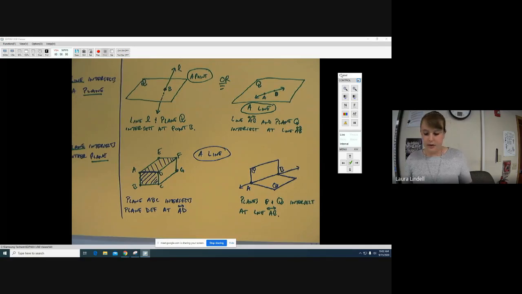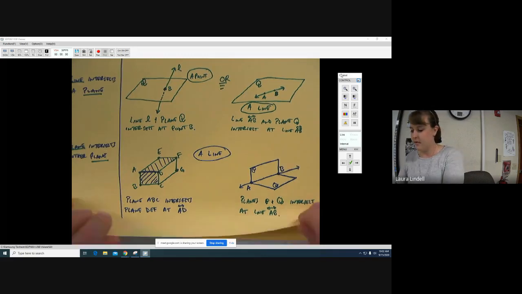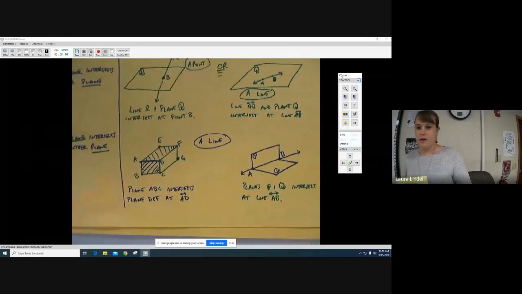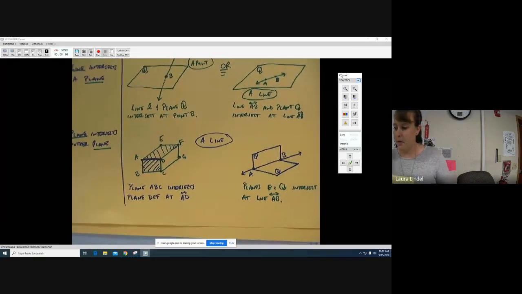The last thing in the notes for today is going to have to do with using a ruler. So I'm going to grab another piece of paper here.